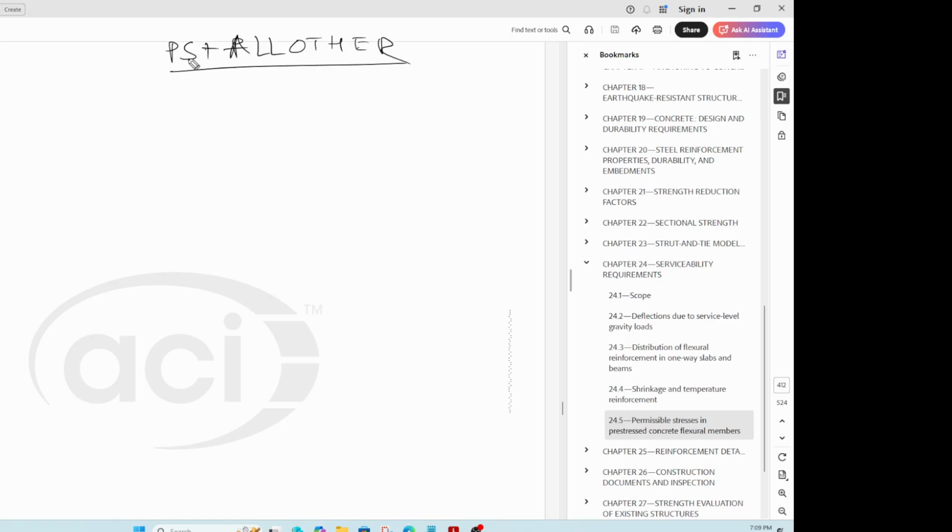So that means you have loads due to pre-stress, loads due to your superimposed dead load, loads due to your self weight, and you also have loads due to live load. So this is again a serviceability condition, wherein you have not just dead load, but you also have your live load, right?